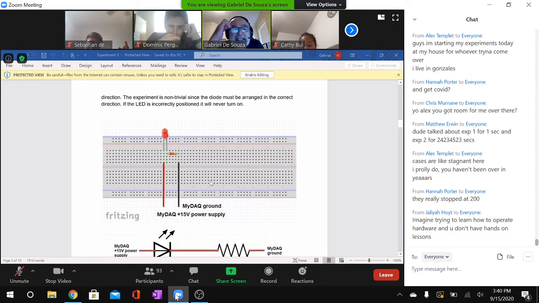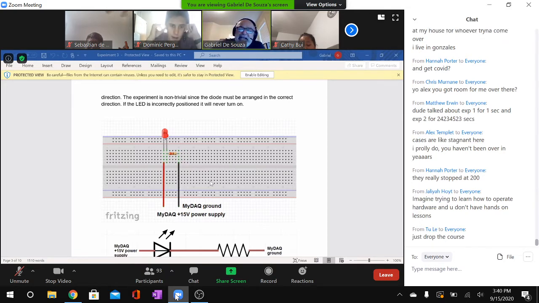The diode is an interesting device as it allows current to flow through it if it is forward biased. Okay, that is a bias for the diode. If you swap the leads, it becomes reverse biased, and then it does not allow current to flow through it.